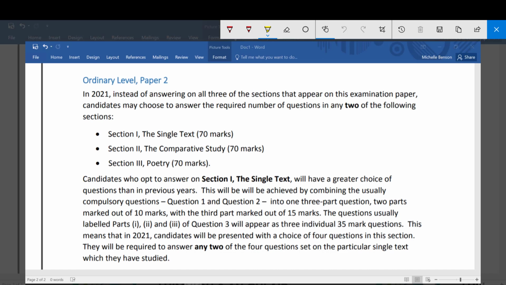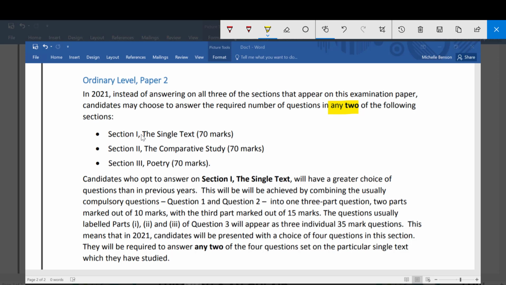Okay, so now let's look at the changes that are taking place in Ordinary Level English Paper 2. So, in 2021, instead of answering on all 3 of the sections that appear on this examination paper, candidates may choose to answer the required number of questions in any 2 of the following sections.